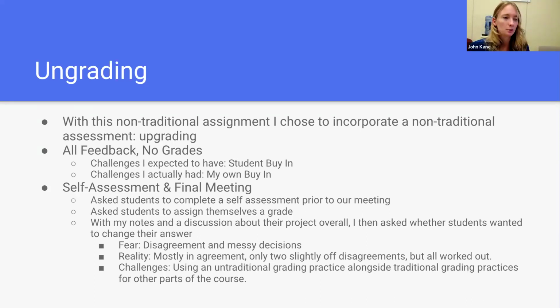I really wanted them to keep working on this project as an evolving assignment throughout the semester. And so I expected to have a lot of challenges related to student buy-in, but really it was more my own buy-in that I think I came up to kind of some unexpected feelings about.